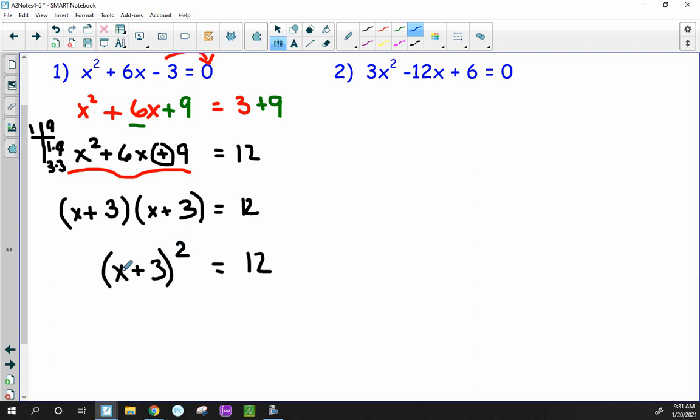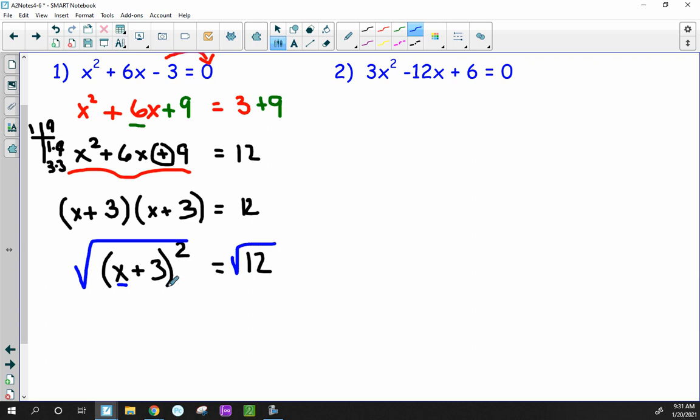I want you to notice that the x and the 3 are both in parentheses, so we can't separate those right now. In order to solve for x, because that's our goal, we have to get rid of this big power of 2. Again, the opposite of squaring anything is taking the square root. So you'll have to put a square root on both sides.